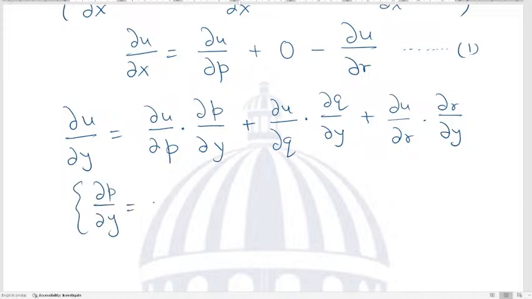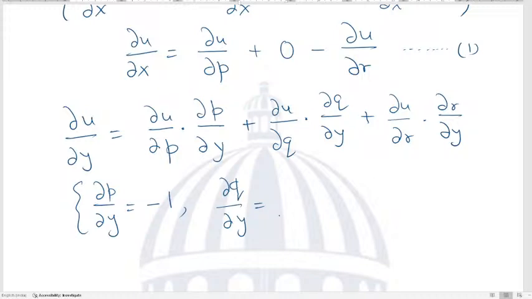Now we'll find out again what ∂p/∂y is, right? So p is x minus y. So x will become 0, y will become 1. There is a minus in between. 0 minus 1 is negative 1, right? Then we have ∂q/∂y, right? Q, mind it, is y minus z.